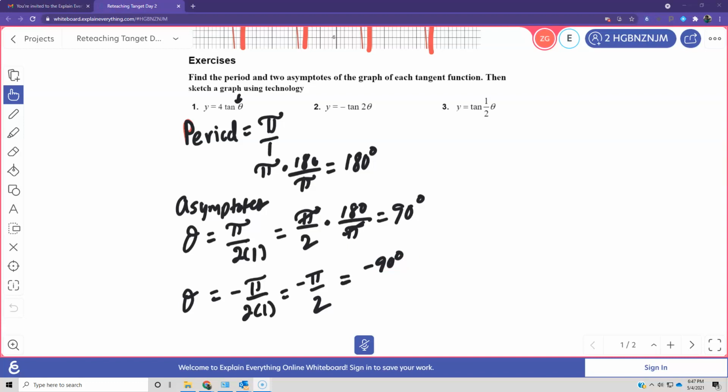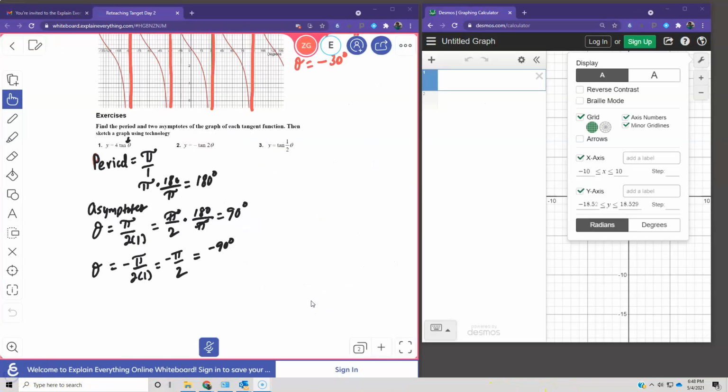So what I'm going to do now is show you the graph. I'm going to record how I'm fixing this up so you can do it on your own. So here the x-axis is going to be the degrees. And then the label for the y-axis is tangent.